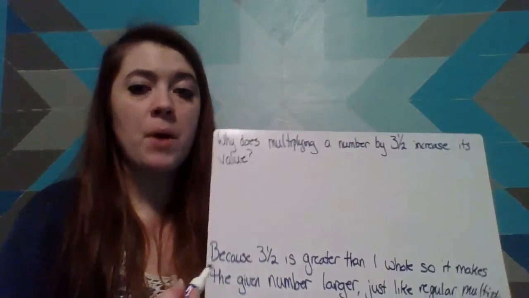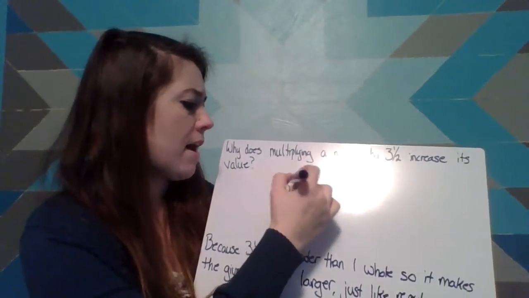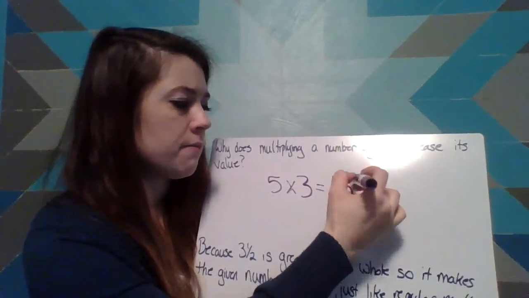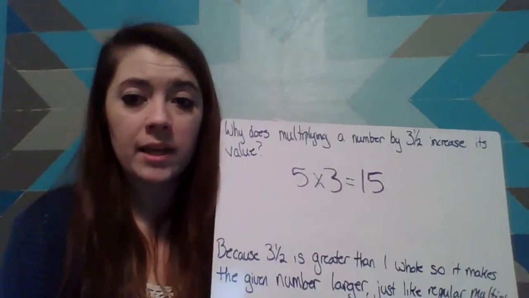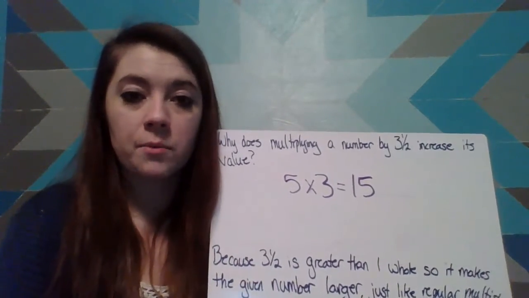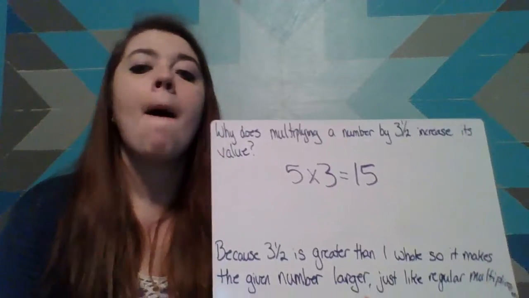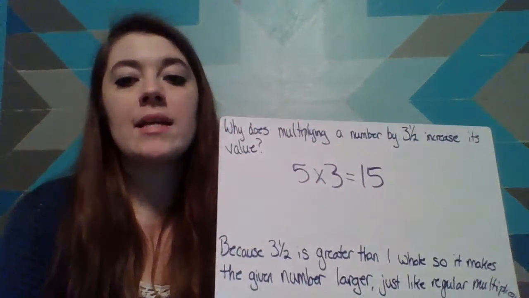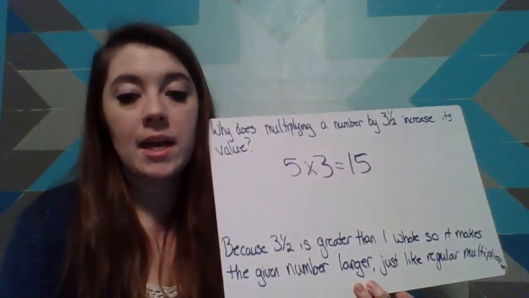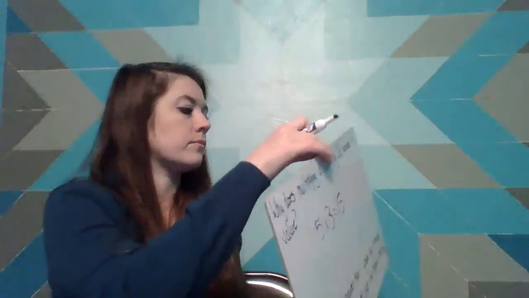If we were given a problem saying 5 times 3, that's going to be 15. 15 is a lot bigger than 3, right? We're just throwing in that half, which, yes, will adjust what our answer is. It's going to affect it, but it's not going to make it decrease. Because we have that full 3 there, it's going to make it increase. All right.